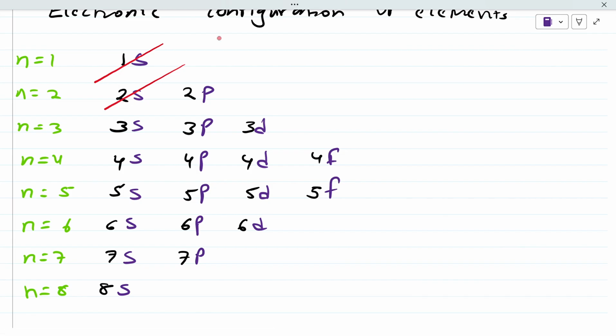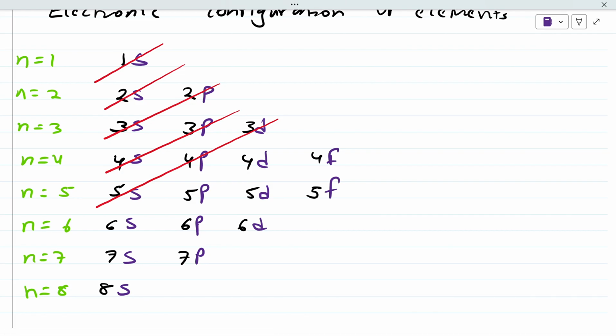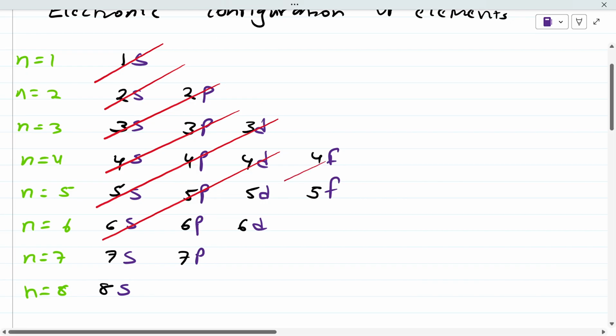Then we move to 2p, the 3s. Then we go to 3p and 4s. Then we move to 3d, 4p and 5s. Then we move to 4d, 5p, 6s. Then I'm going to have my 4f, 5d, 6p, 7s.